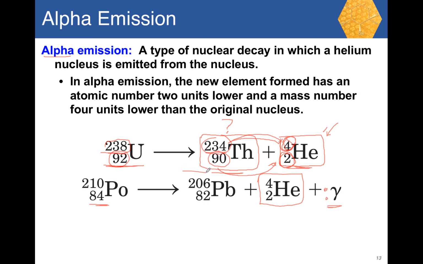So can you determine what this unknown is? We have here 84 and 2, so this has to be 82, because 82 plus 2 equals 84. For the mass number, we have 210, and it emits helium, which has 4. So 4 and 206 is 210, so this is the unknown here.